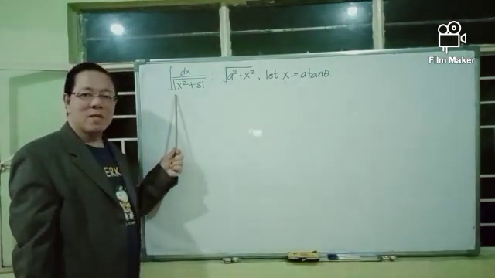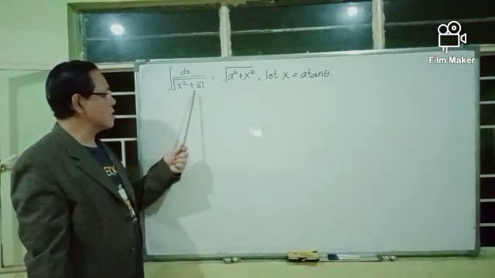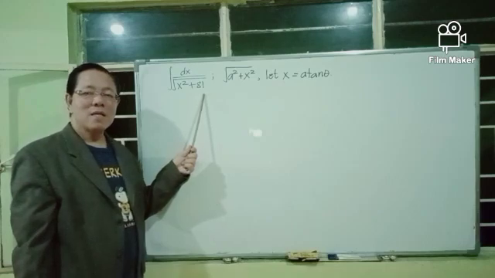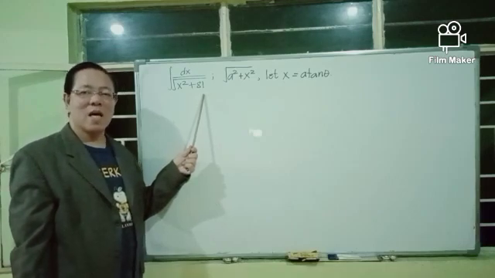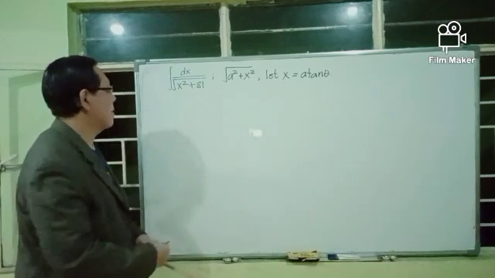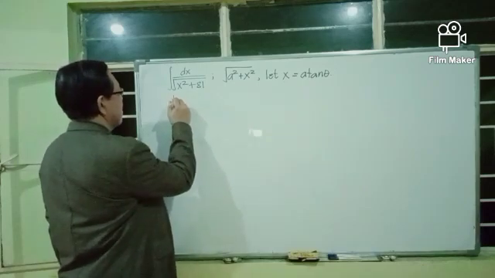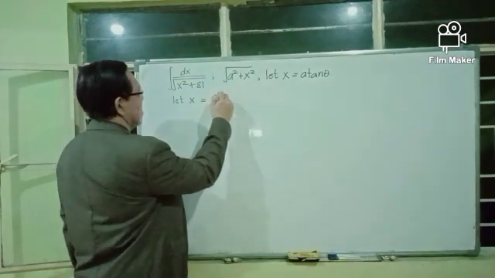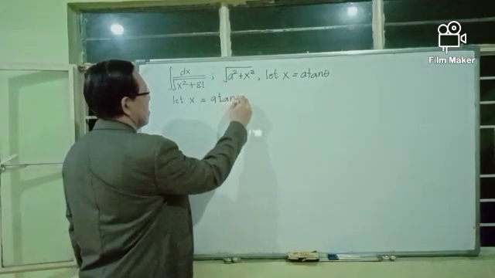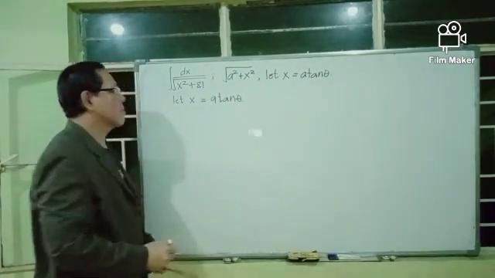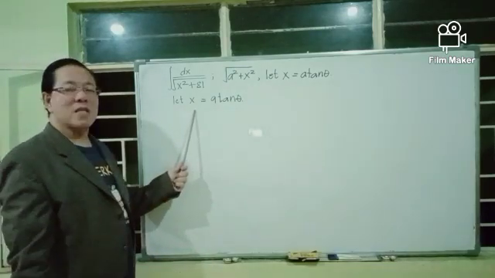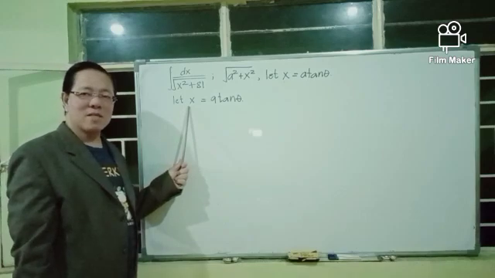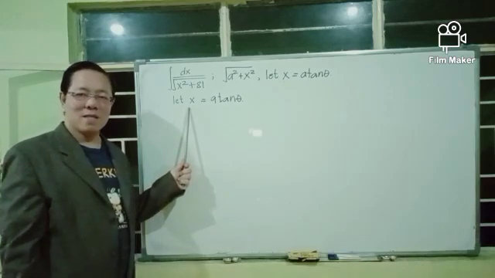And for this particular example, 81 is equal to the square of 9. So we let x equals 9 times tangent theta. Next, we differentiate both sides. Derivative of x with respect to x is 1, multiplied by dx.